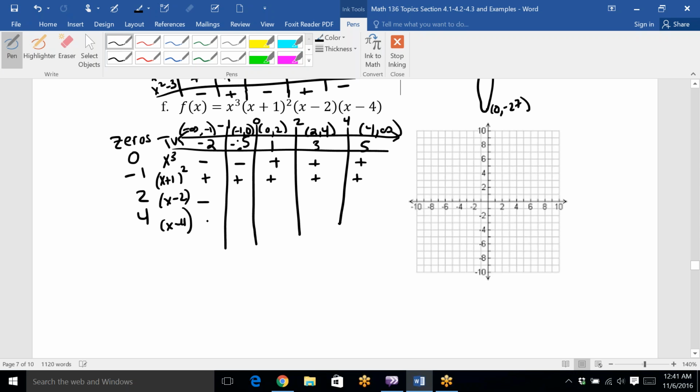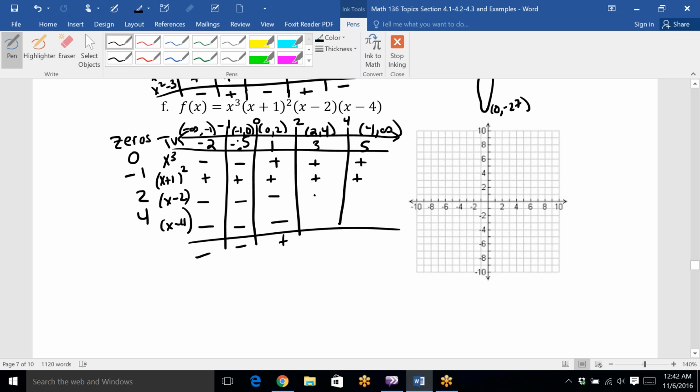X minus 2, that would be negative for this one. X minus 4 would be negative. So 3 negatives make an overall negative. Negative 0.5 minus 2 would be negative. Negative 0.5 minus 4 would also be negative. So 3 negatives make a negative, which means there's a bounce here, which makes sense since that's squared. 1 minus 2 would be negative. 1 minus 4 would be negative. 2 negatives makes an overall positive.